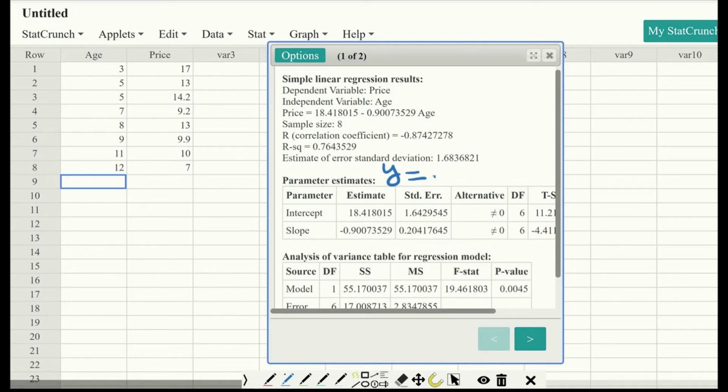So around negative 0.9 x plus 18.42, right? That's rounded, of course. So that's basically the linear regression model for this particular situation or correlation. And notice that that's the linear correlation coefficient right there.